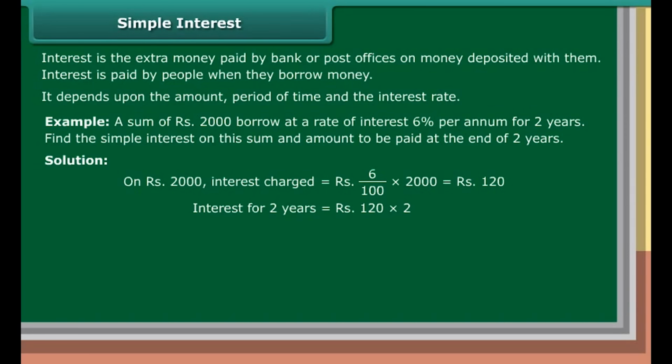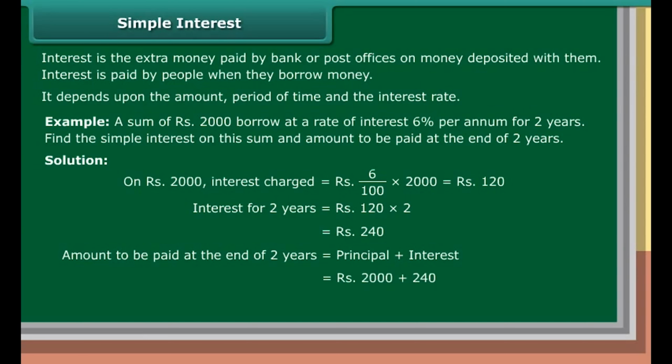Interest for 2 years is equal to rupees 120 into 2, which is rupees 240. Amount to be paid at the end of 2 years is equal to principal plus interest, which is rupees 2000 plus 240, which is equal to rupees 2,240.